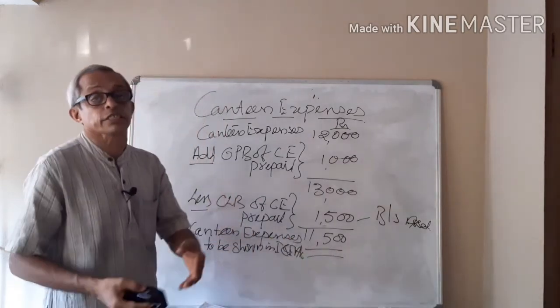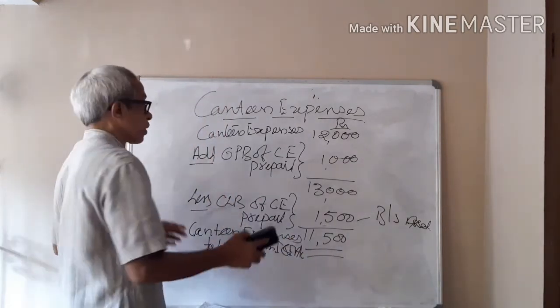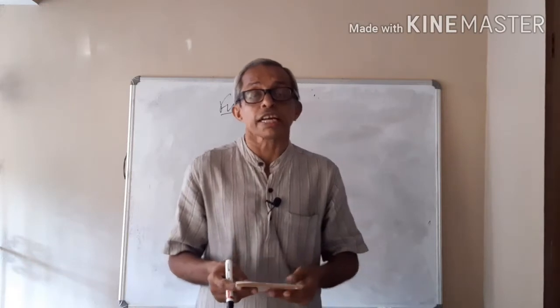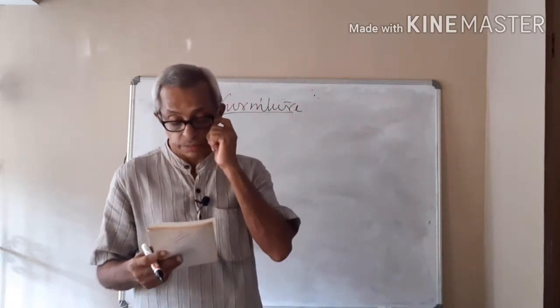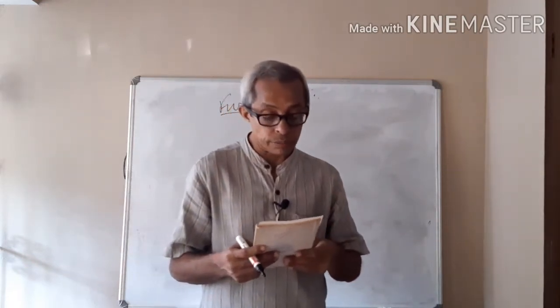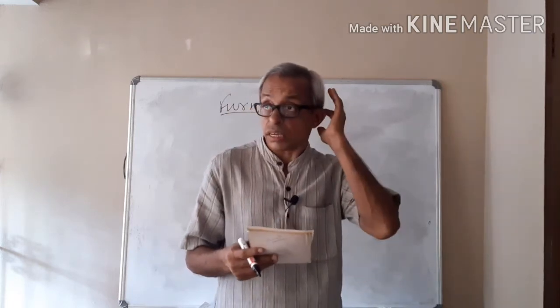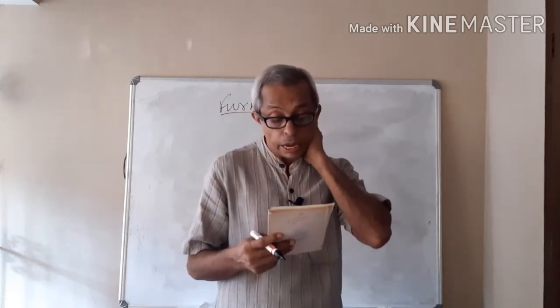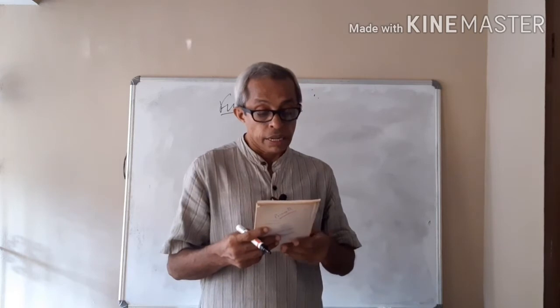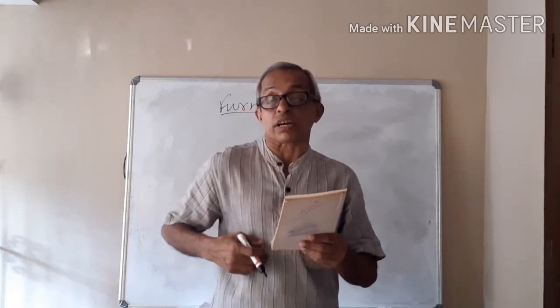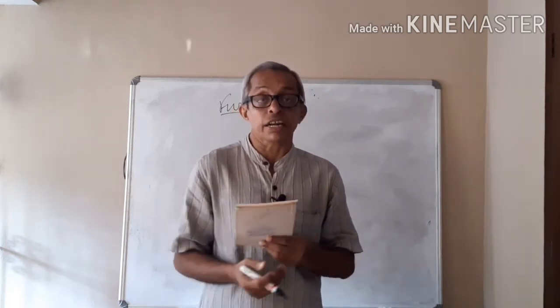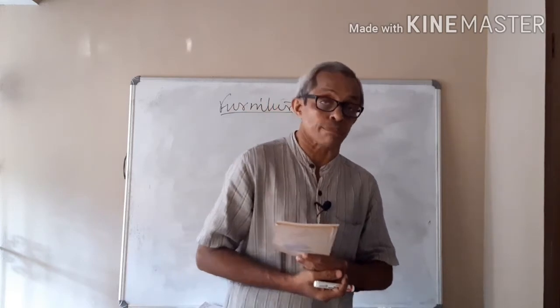And the next adjustment is with regard to furniture. 3 adjustments with regard to furniture, 2 adjustments, sorry. First, the amount from sale of old furniture is given on the receipt side of receipts and payments account.